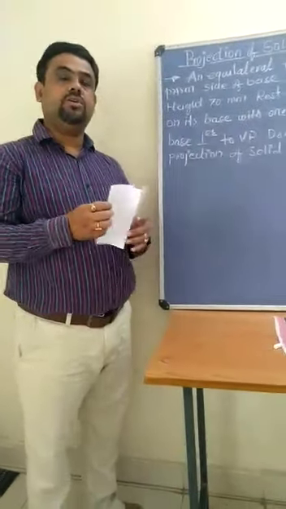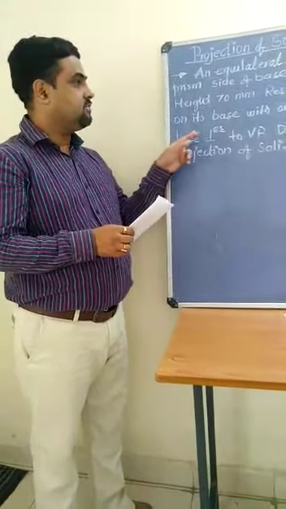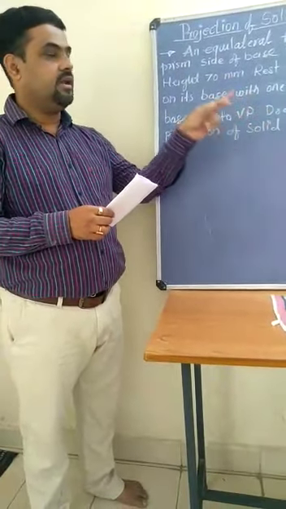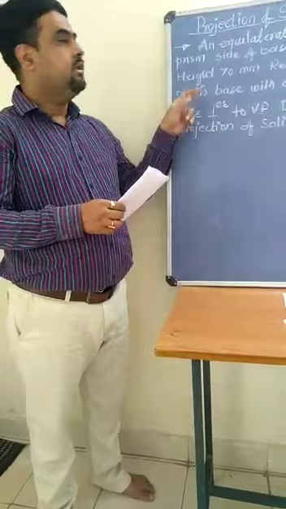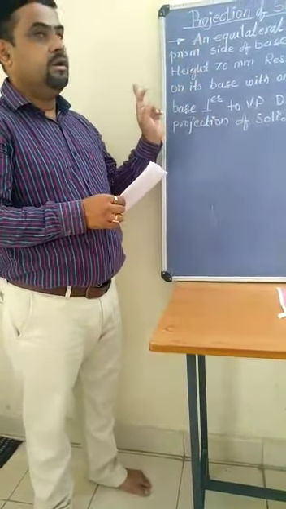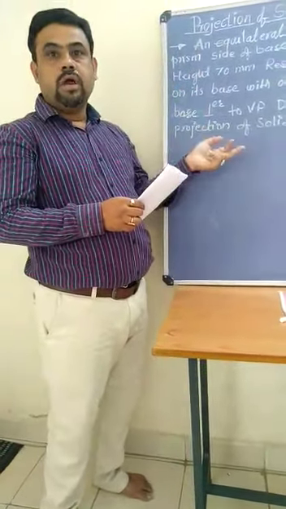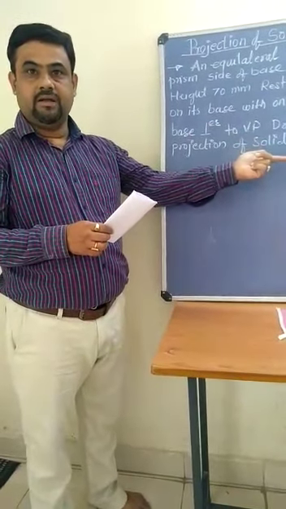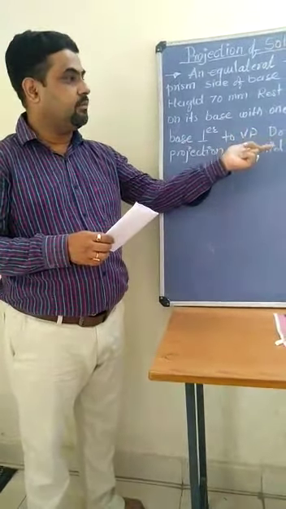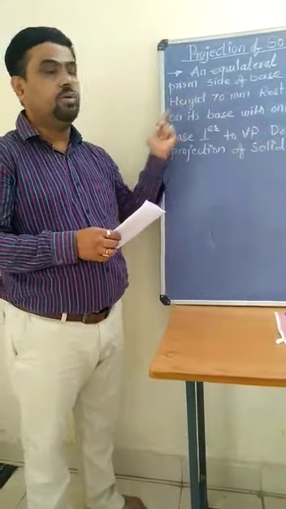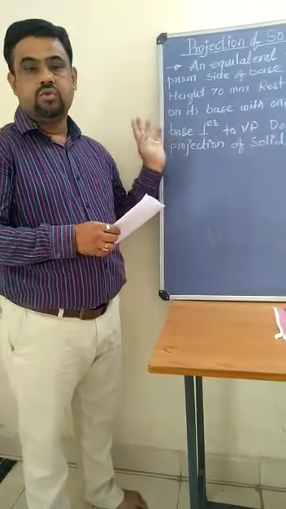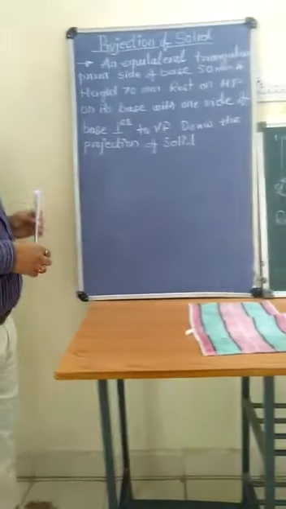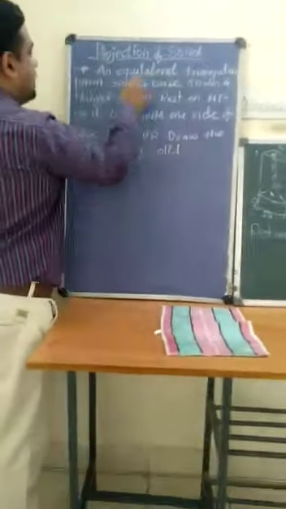My suggestion to all of you is to convert the problem statement into data and convert that data into the drawing. So how to convert a problem statement into data? Your solid is a triangular prism.